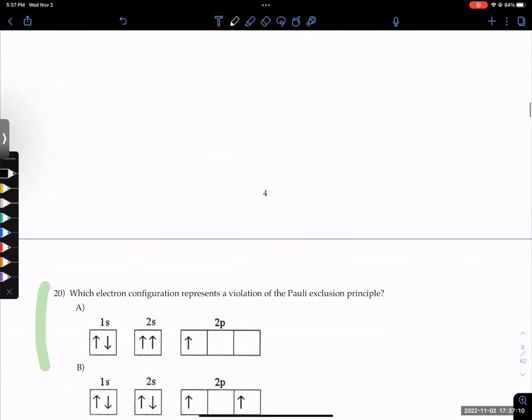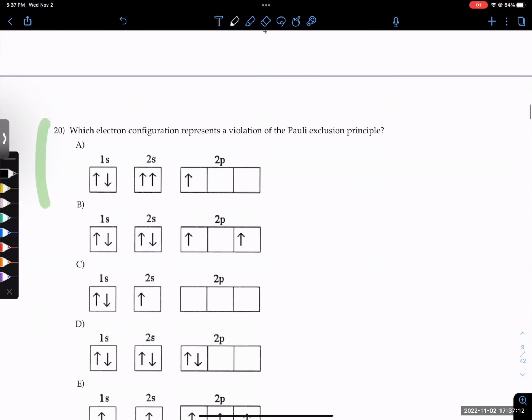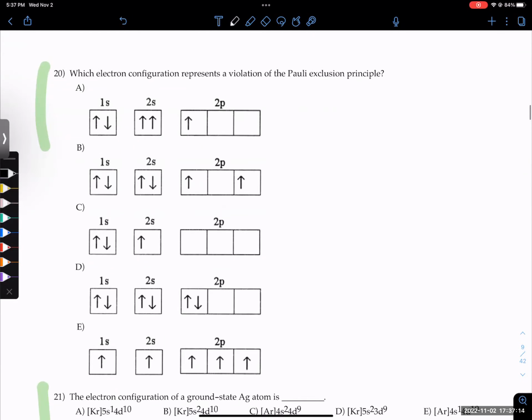That's what my mom always says. Okay, here's an interesting one. Let's see if y'all memorized your principles of quantum mechanics. Alex, I just got to this question, man.